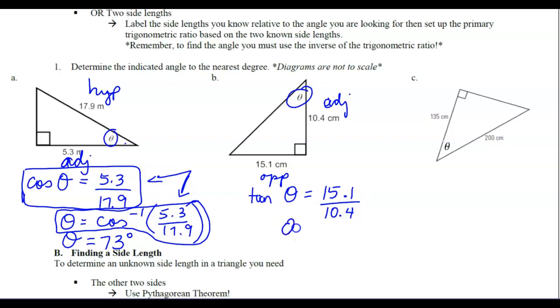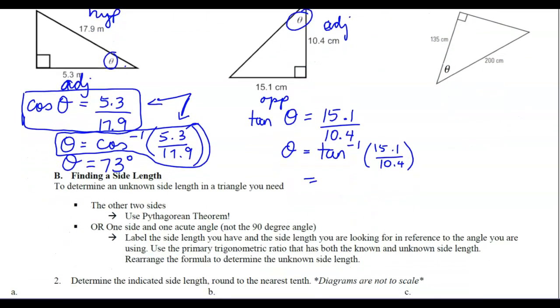So when I'm calculating, it's going to be tan inverse of 15.1 over 10.4. Again, don't find that ratio. Just substitute it into your calculator. So I'm going to do this one on the Casio.